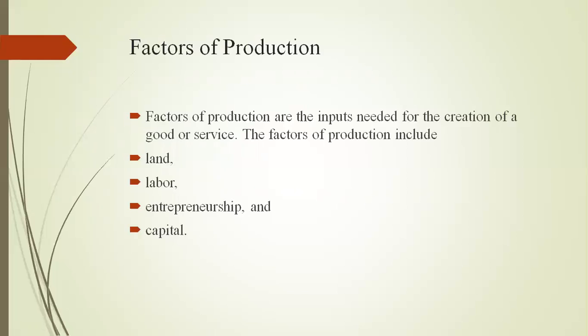It could be agricultural land, or it could be commercial real estate. Real estate means buildings and all. Or it could be land from which we are extracting natural resources such as oil or gold, or some other activities we are doing with land.